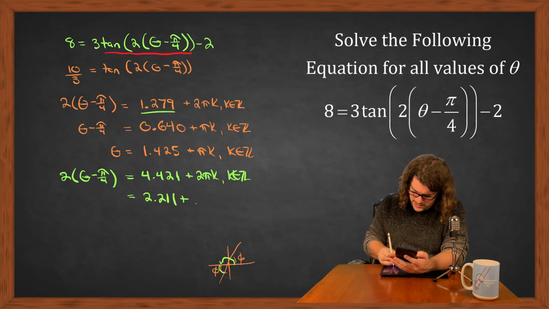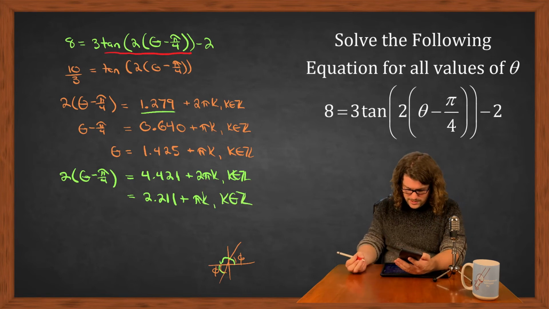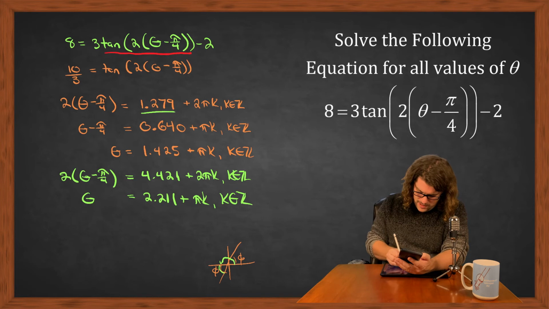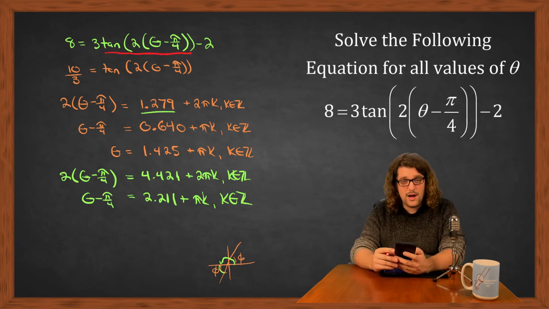2.211 plus pi k, where k is an element of our integer number system, and that we've divided this side by 2 as well, leaves me with just theta minus pi over 4. I'm going to take that pi, divide it by 4, add it to both sides of my equation, gets rid of it on the left.